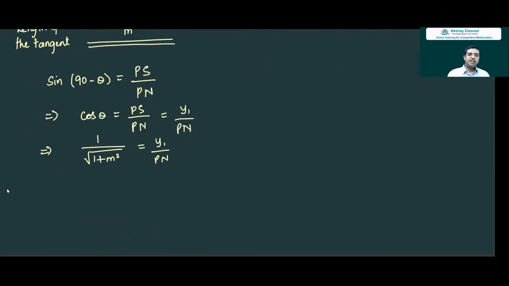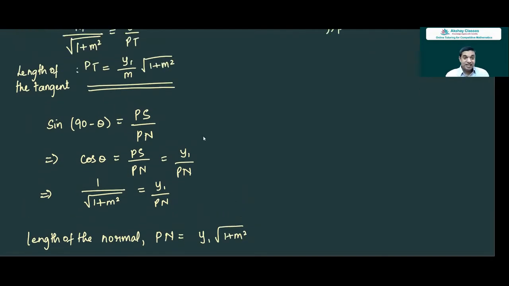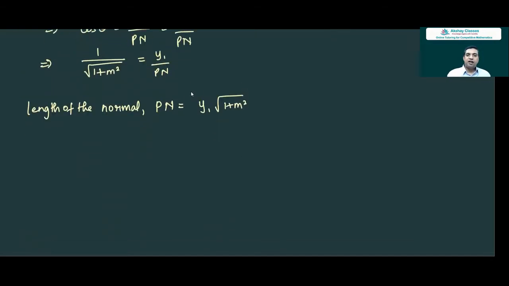So what we get is the length of the normal, PN, is y1 into root of 1 plus m square. Of course, because we are talking about lengths, we must emphasize here that we'll have to take the modulus, because we have to omit the sign when we talk about lengths.